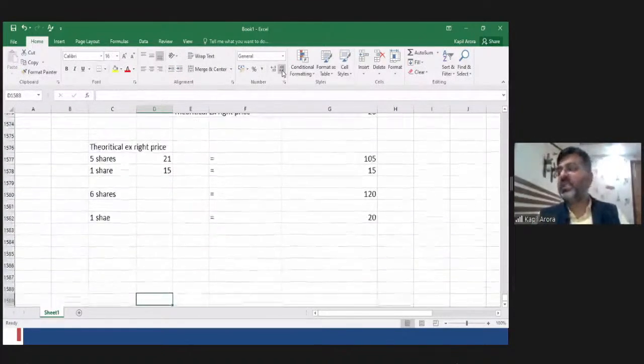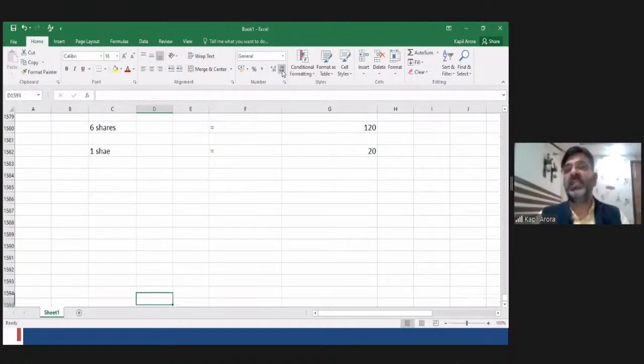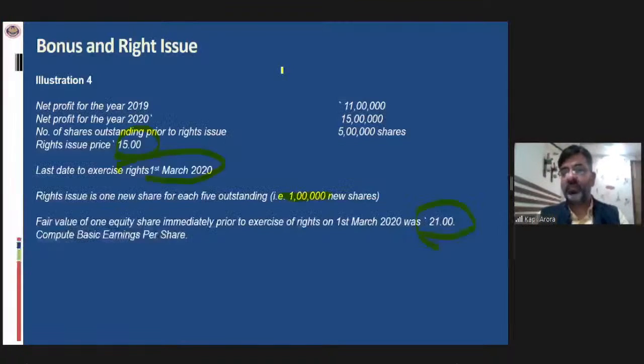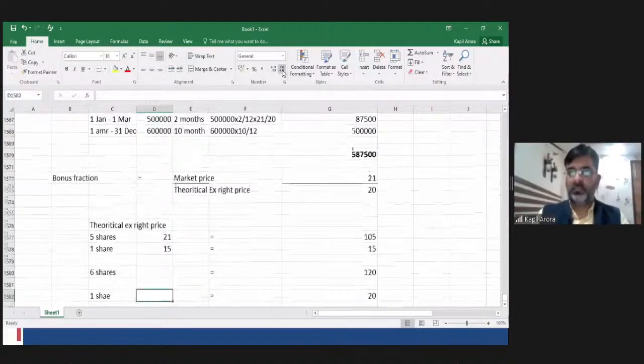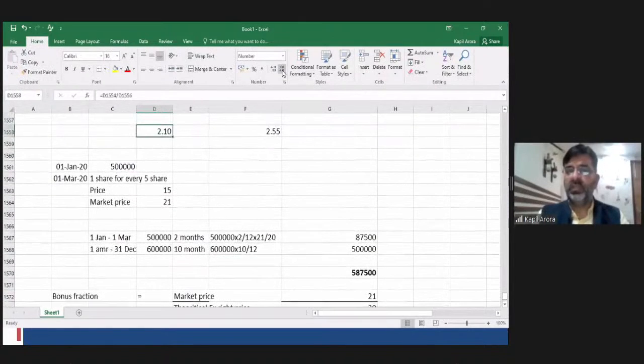So theoretical exercise price means, what exactly would be the price of each share if we include the bonus element. So that's something we get. I guess everybody is clear. Here also we can get the same number if the issue had not been done, right?